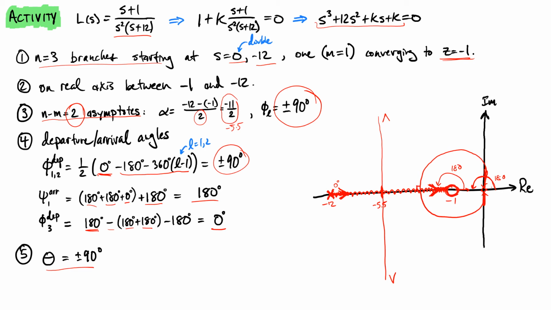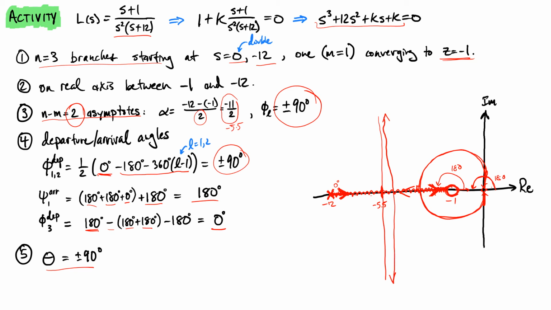And in that case, the way this would look is we would have these two branches leaving the origin, coming around in this kind of circle, and then one of them entering the 0, and the other one coming in and meeting this other branch that's coming from minus 12.